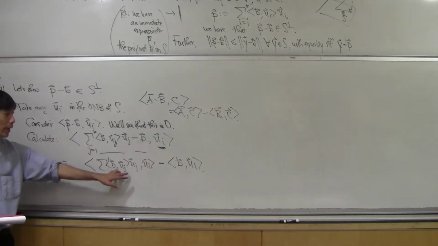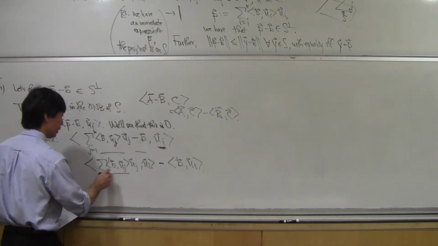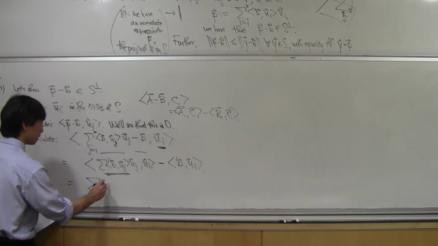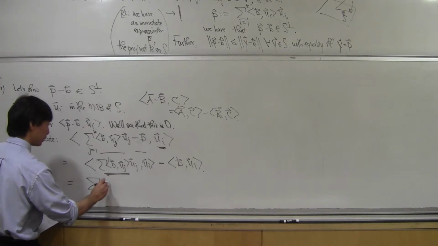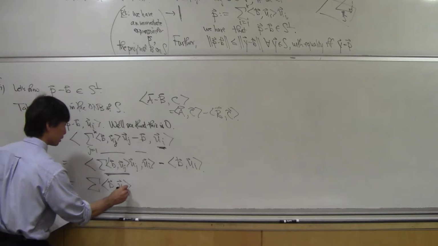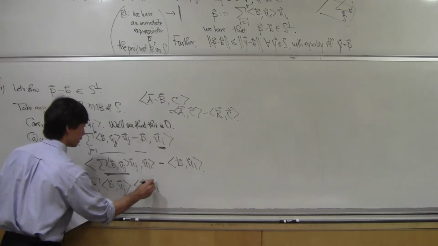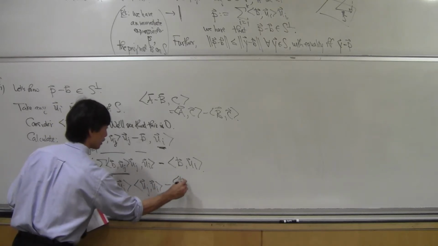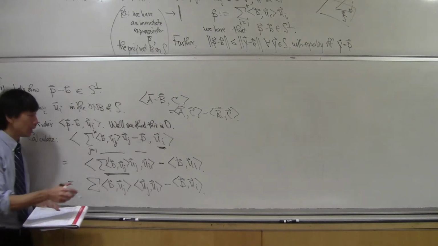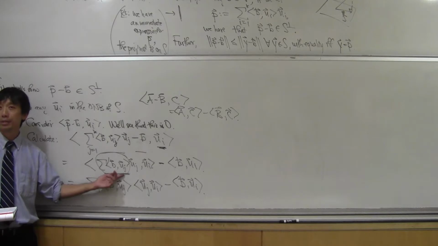And then I do that on a grander scale. I'm going to pull this whole thing out, and I get a summation, a constant, and left inside is the vector against this other vector. So I pull the summation and the scalars out by linearity.